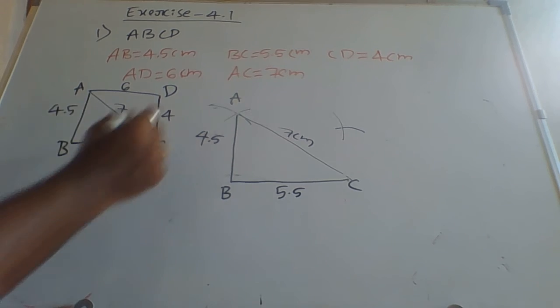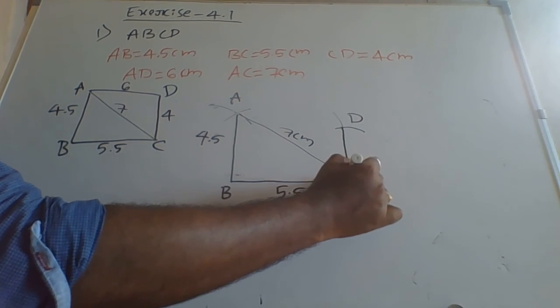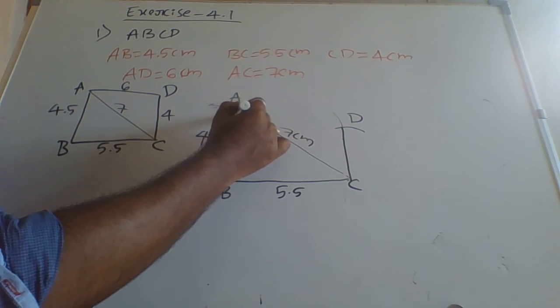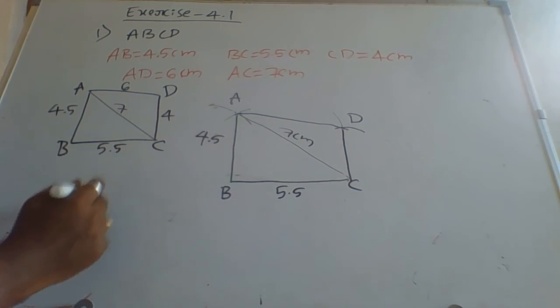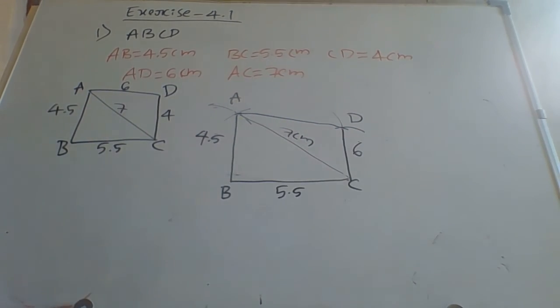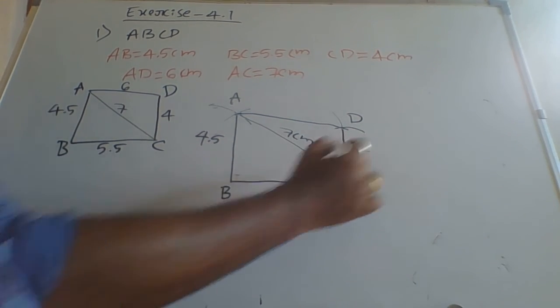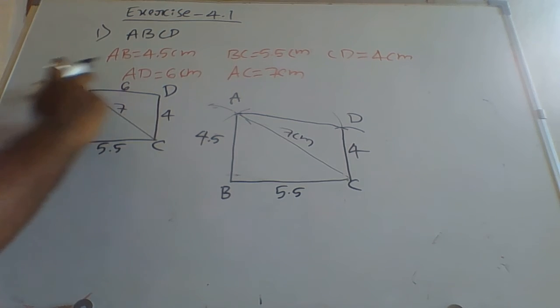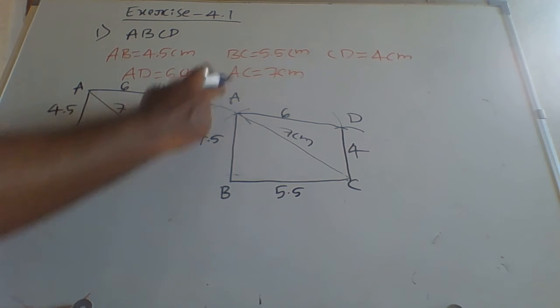So now we got the point D. Now you can join CD and AD. So CD is 4 centimeters and AD is 6 centimeters. So this is the quadrilateral ABCD.